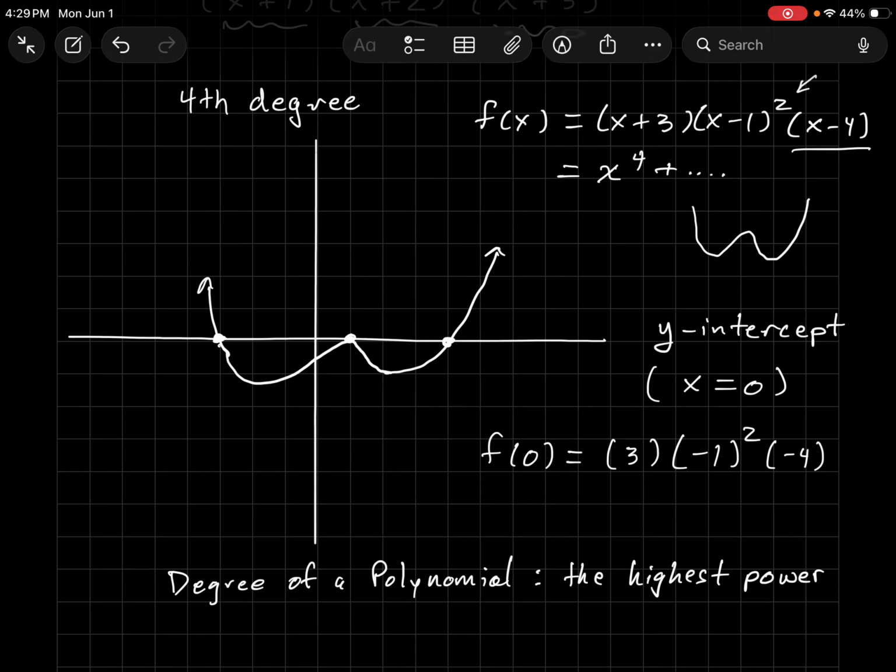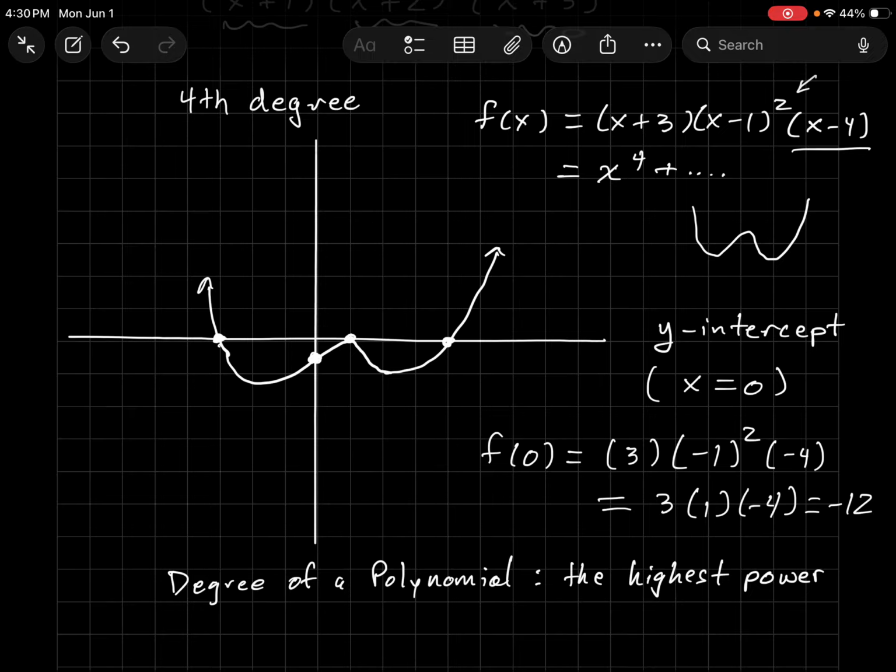And if I were to multiply that out, we would get 3 times positive 1 times negative 4 equals negative 12. So really, I should have put my y-intercept at negative 12.